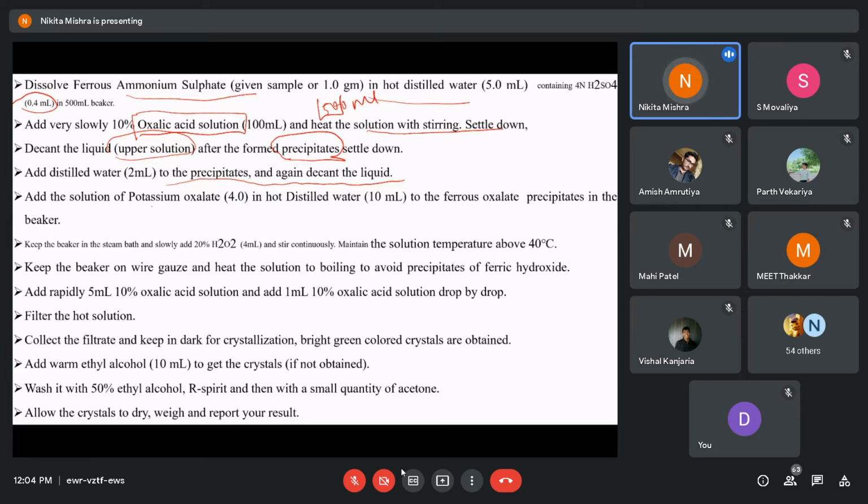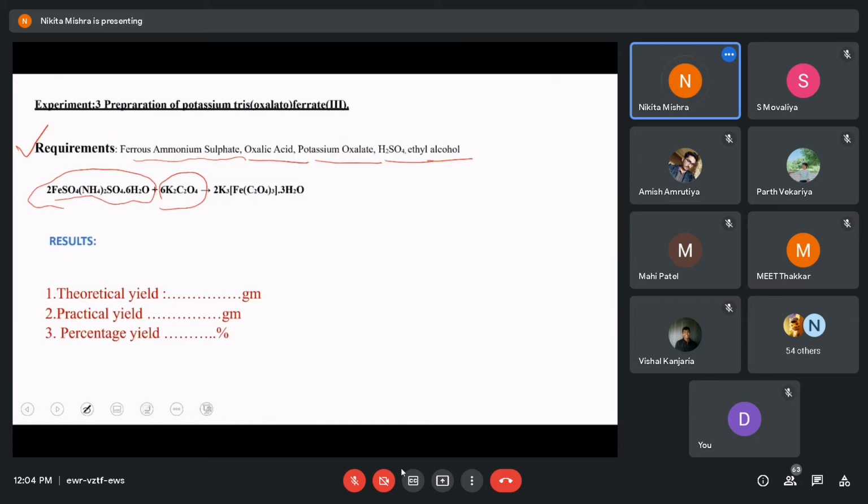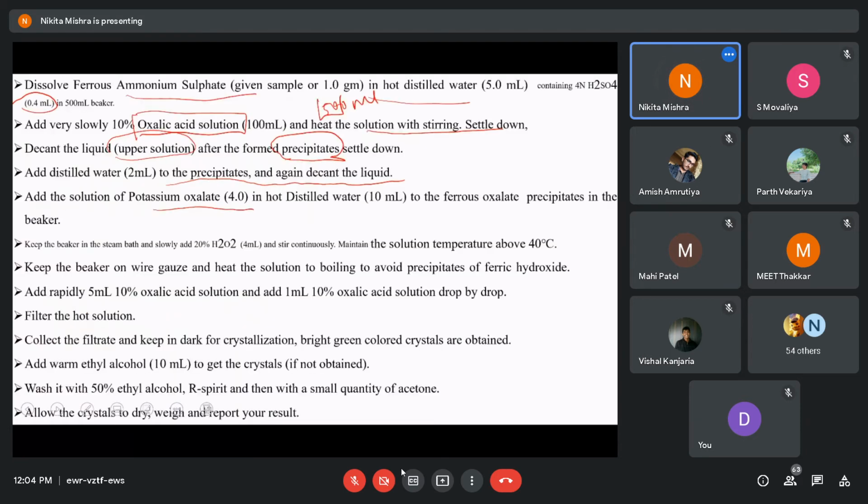Then we add the potassium oxalate, which is already written here. First we dissolve the potassium oxalate in hot distilled water, to the precipitates in the beaker. Then keep the beaker in the steam bath and slowly add hydrogen peroxide, H2O2, stirring continuously.